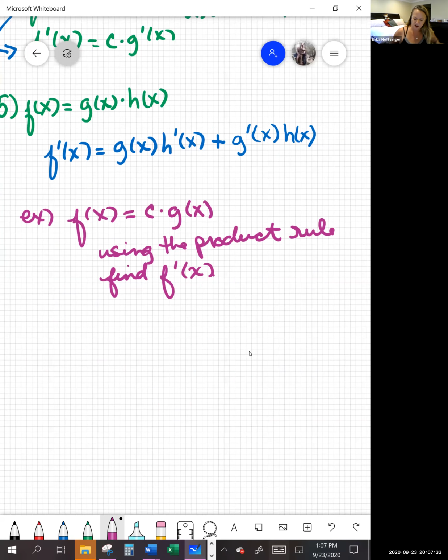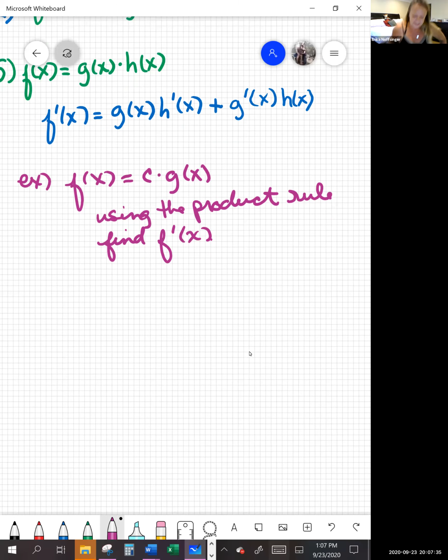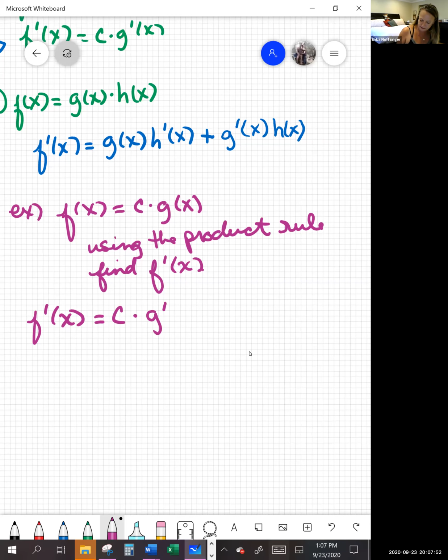Okay, so you just told me the product rule. So if we looked at c being our first function and g of x being our second function, looking at f prime of x, we would have this is equal to c times the derivative of g, g prime of x, plus the derivative of c, but the derivative of a constant is just 0. 0 times our g of x.